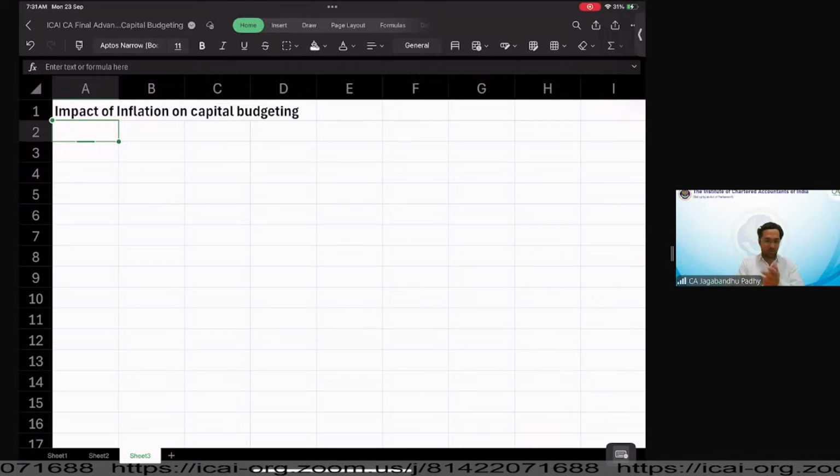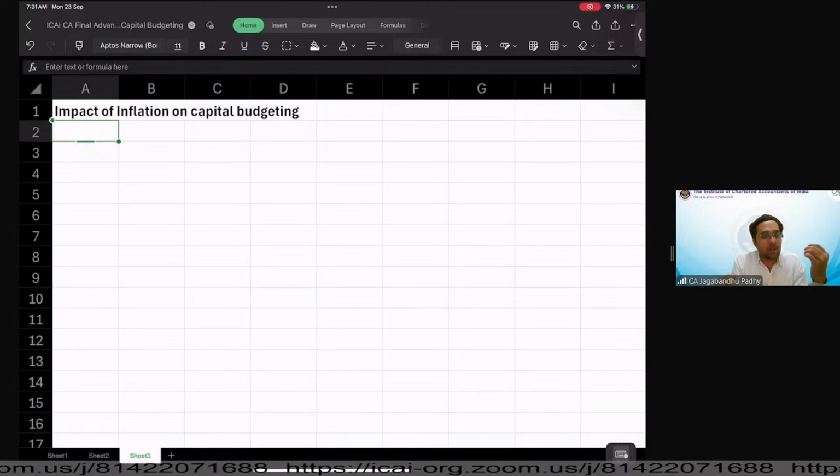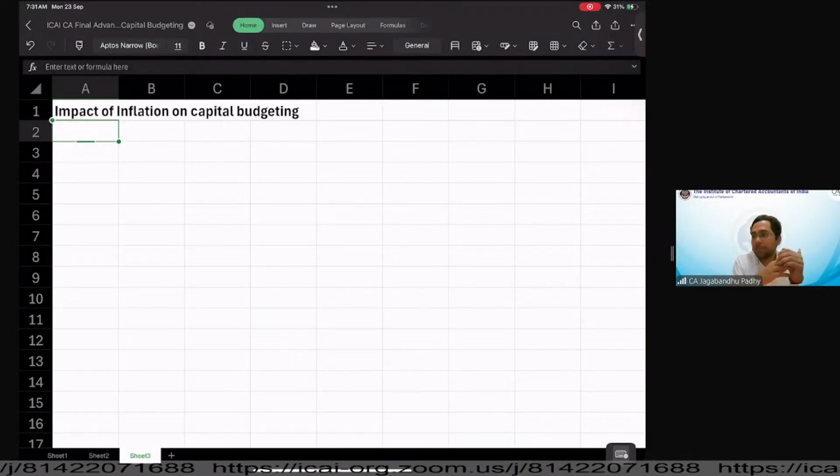Okay, sure. Let's get started with the first aspect, which is the impact of inflation on the capital budget. We all know, guys, that we as an economy, Indian economy, or you take the case of any other economy, be it the US, England, France, or China, all the economies are subjected to some degree of inflation.